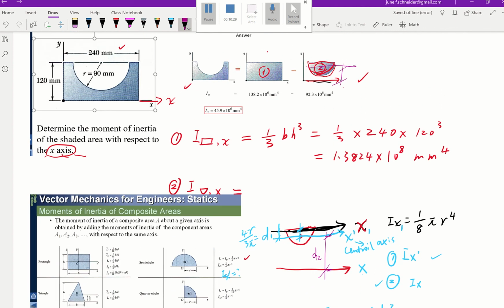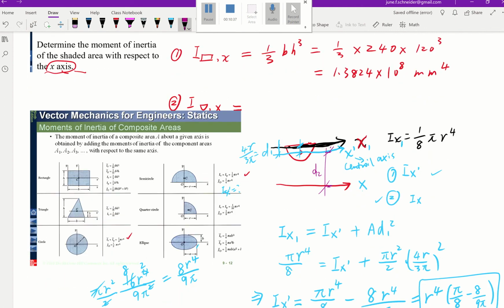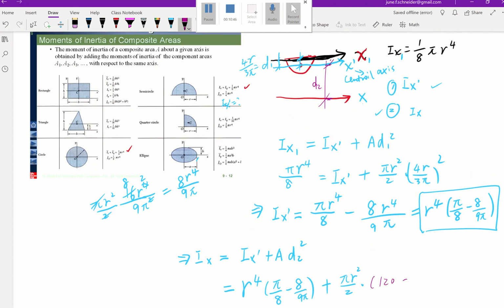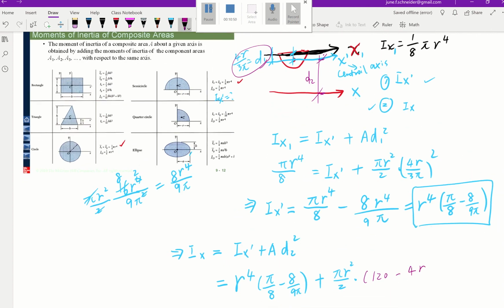Then how do we figure out this distance? We know this entire length is 120, and we know the d1, so d2 will be this 120 minus your d1. Again, d1 is our 4r over 3π. So that's going to be our d2 in parentheses, and don't forget, it's squared.